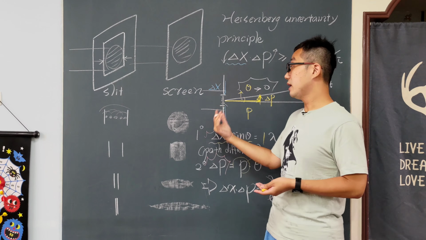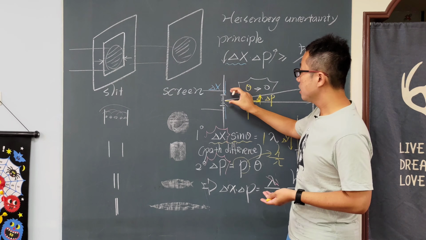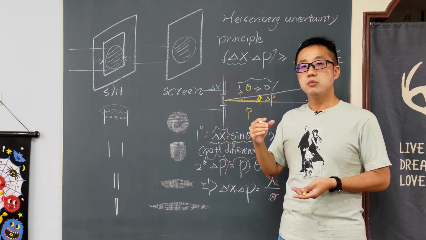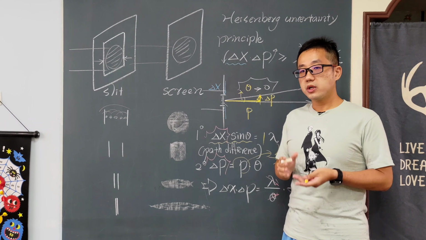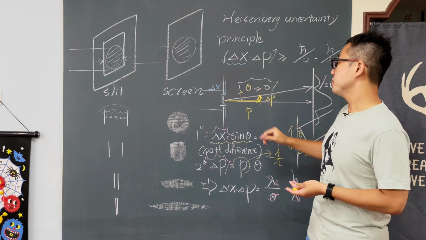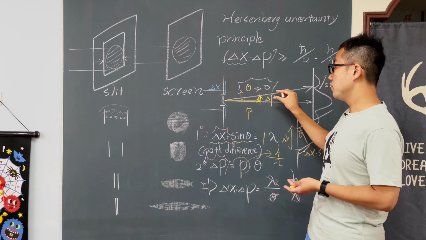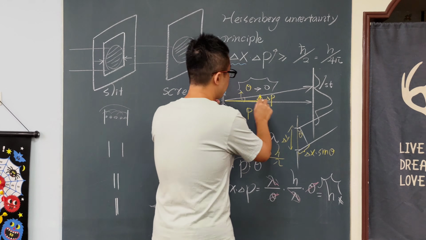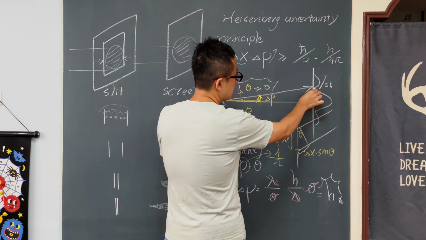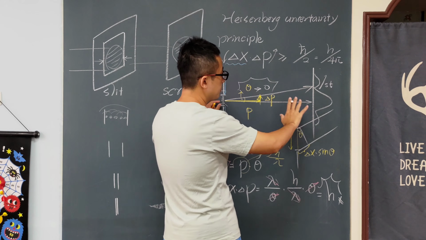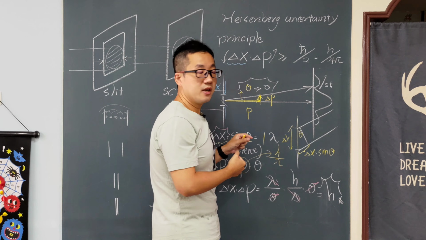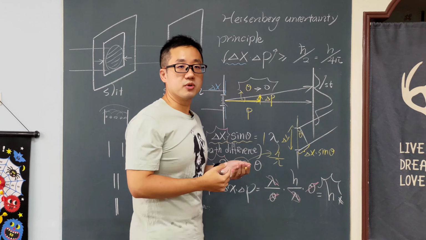So if you decrease the slit and decrease the delta x, we know more about the position, and the less we know about the momentum. Because of the uncertainty in momentum, the passing-through particle cannot just hit the middle of the screen. It can hit here, there, and there, all possible. There are so many optional directions. This is the Heisenberg uncertainty principle.